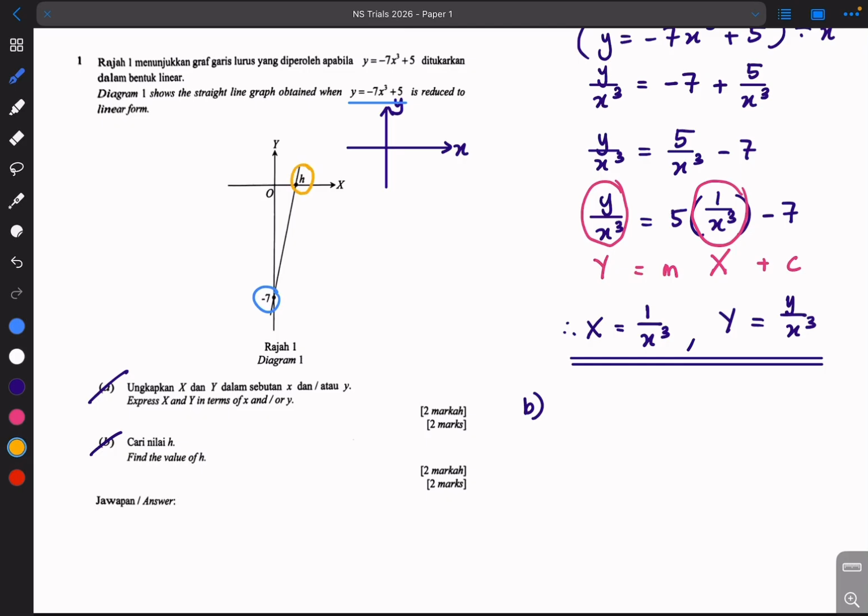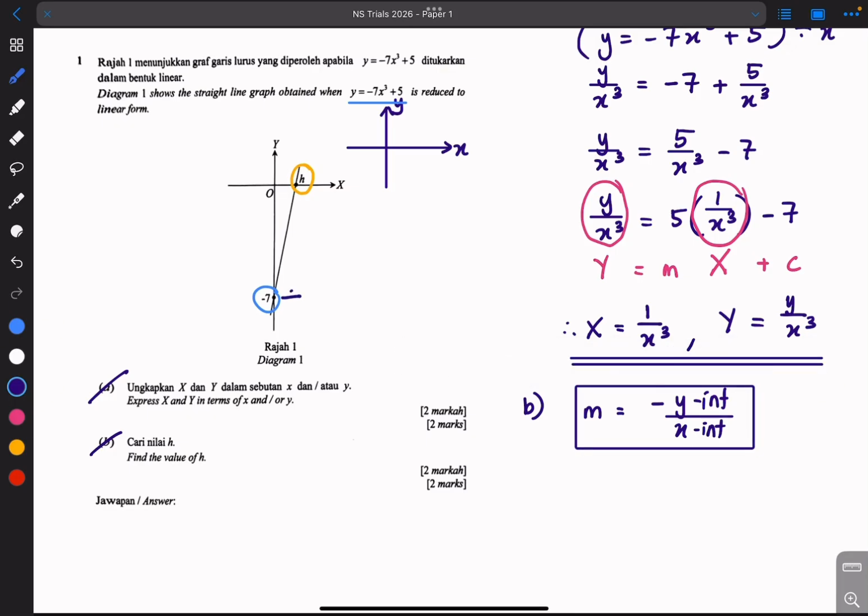So h is the x-intercept. Since we have the gradient, we can use the gradient formula to solve this. So gradient is negative y-intercept over x-intercept. This is one of the formula for gradient.